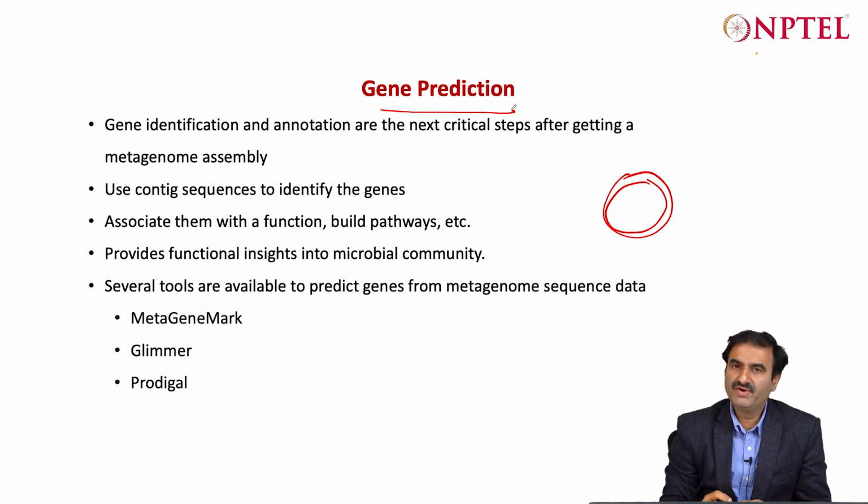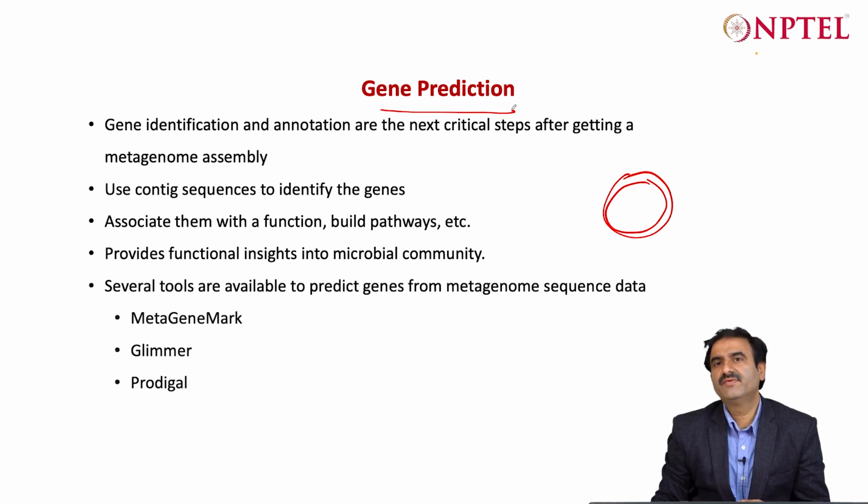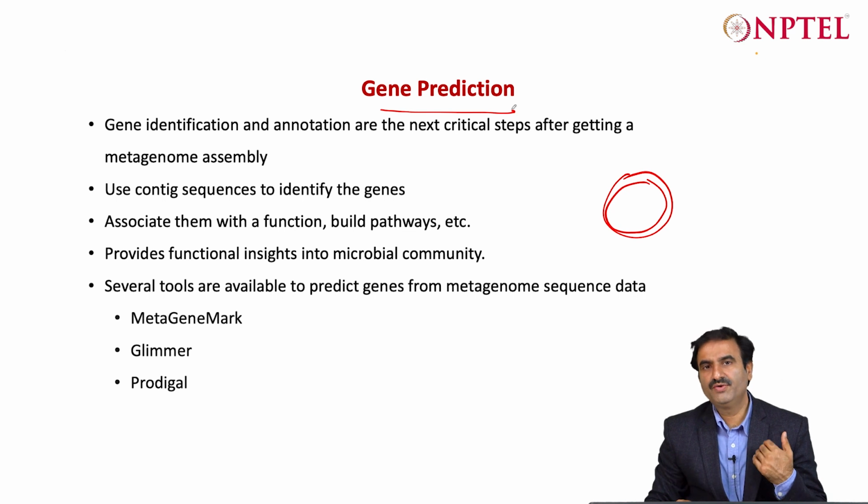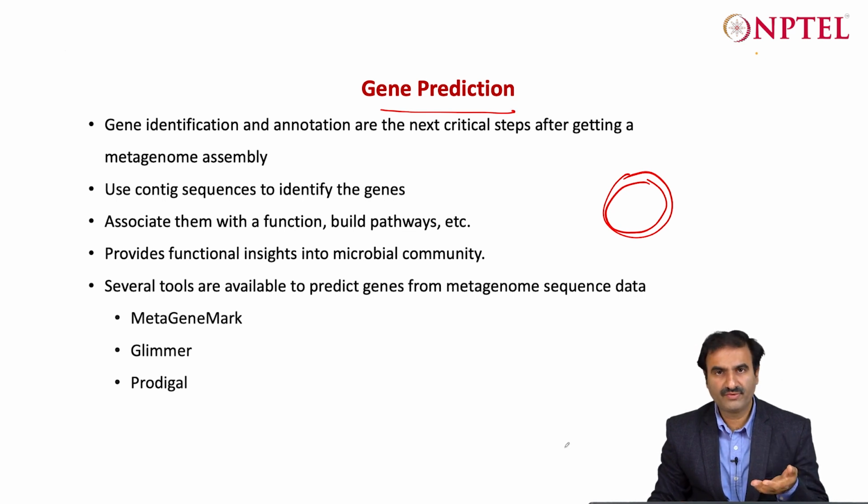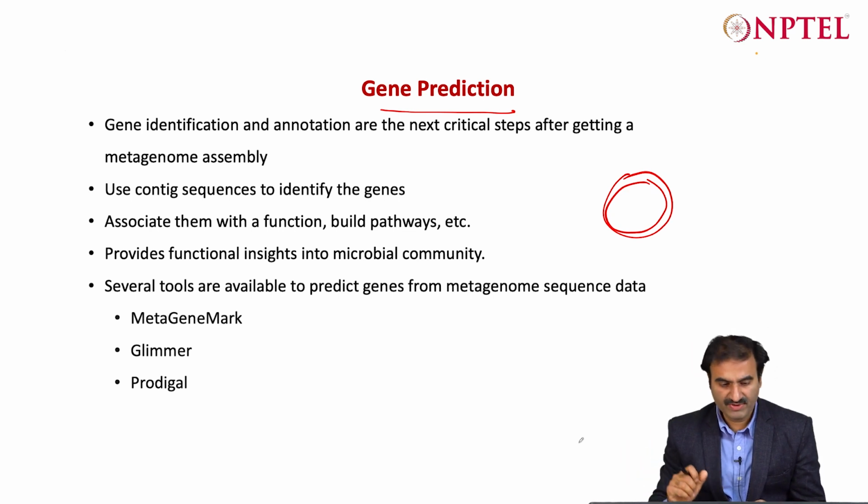You can run it on the assembled contigs, or on the raw reads too, because your raw read is at least 150 base pairs. 150 base pairs divided by 3 is 50 amino acids, so you can find a partial gene present in that contig. The contig may contain the complete gene or only part of it.